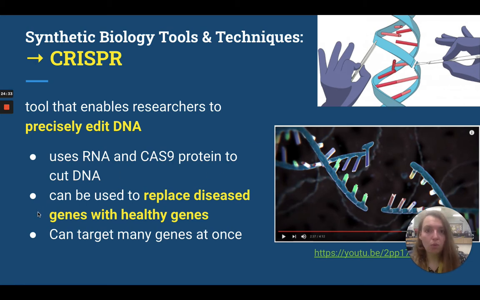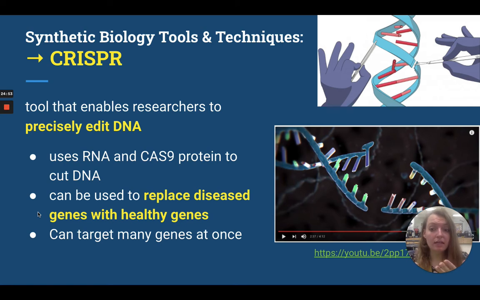And it's a really cool technique that can be used to actually cut out a diseased gene. We learned a lot about mutations and genes, that a mutation happens and that person then might have a disease.